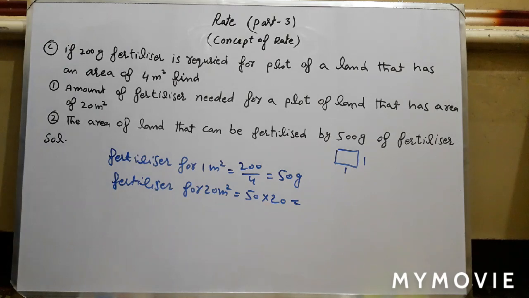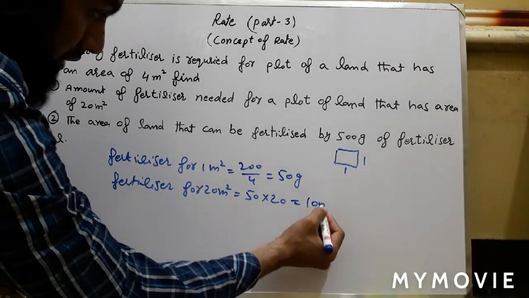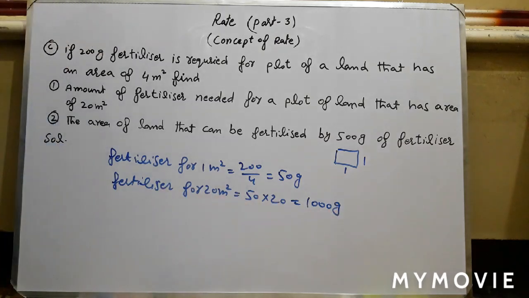What's your answer? 1000 grams of fertilizer is required for the 20 square meter area. I repeat, 1000 grams of fertilizer is required for the 20 square meter area.